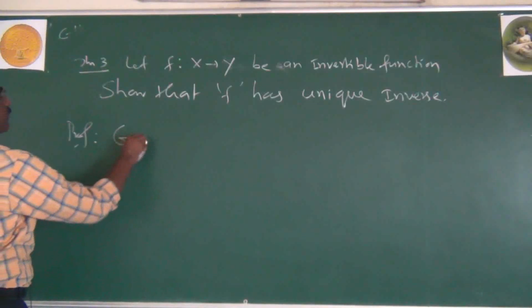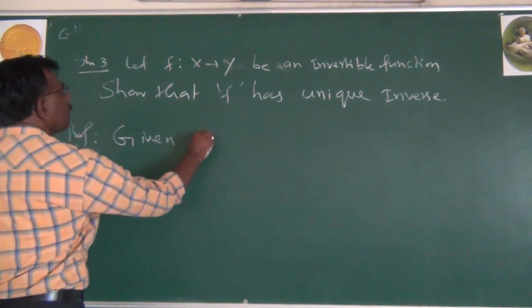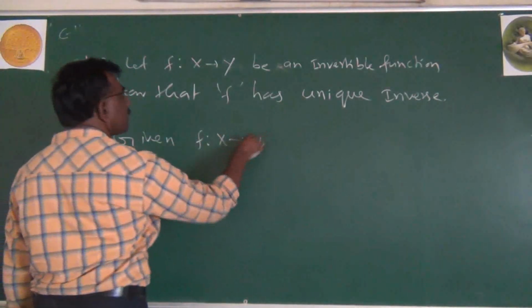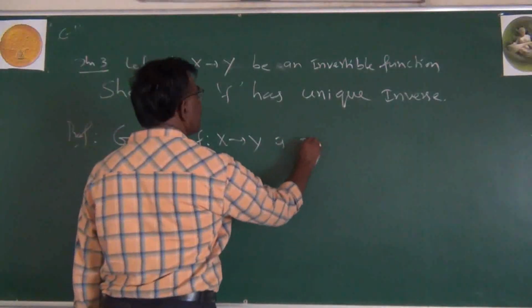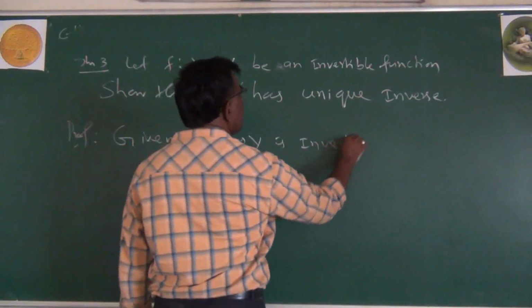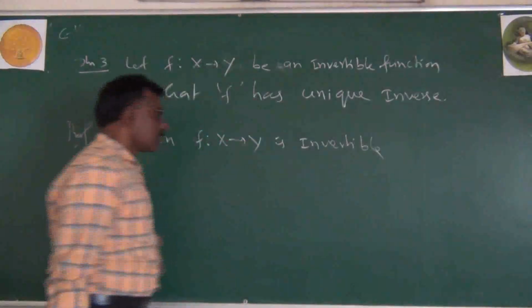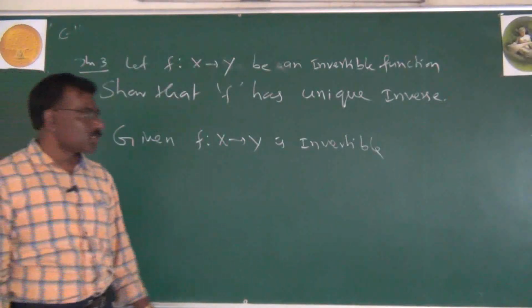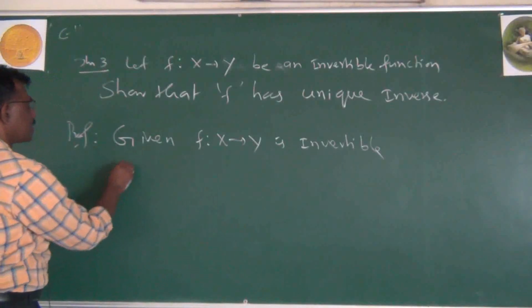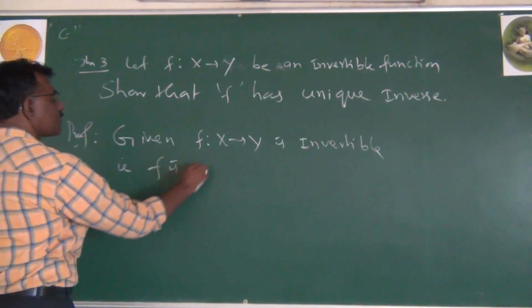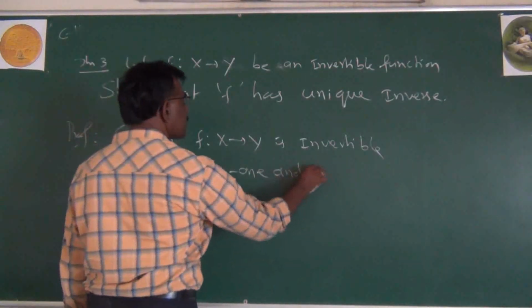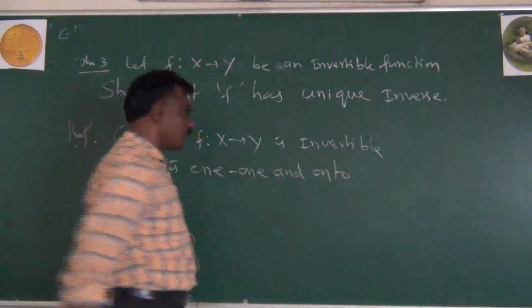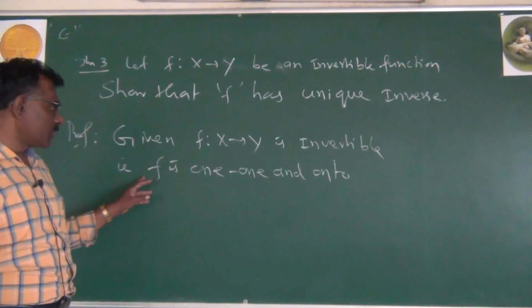What is given? Given f from X to Y is invertible. The function f from X to Y is invertible means that f is one-one and onto.